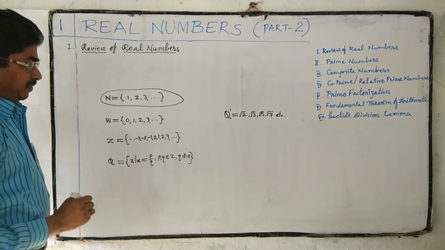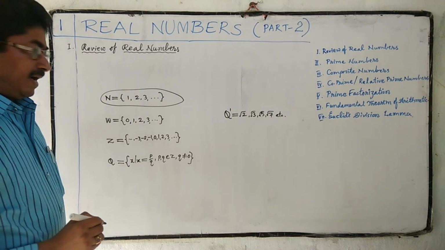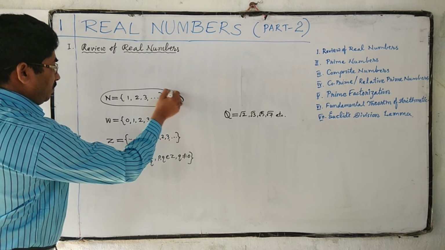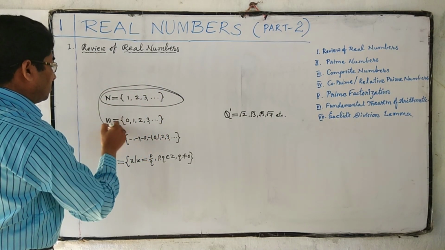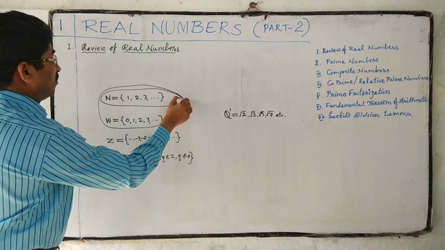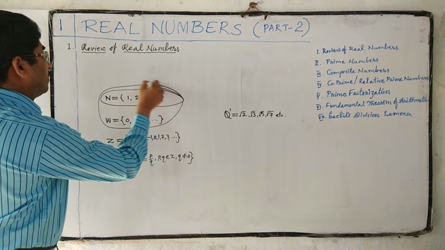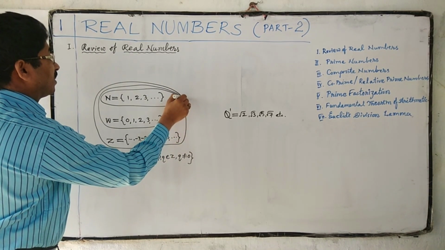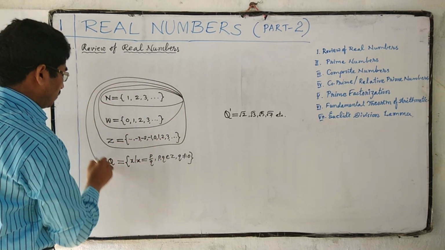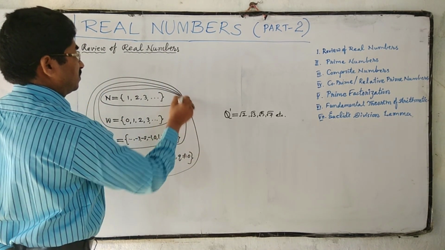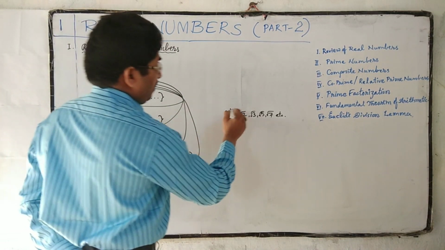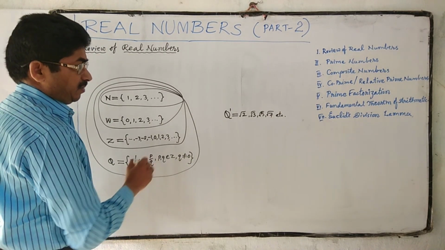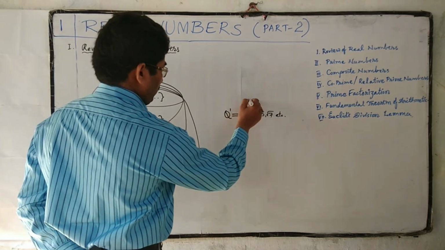We can show these in a Venn diagram. The natural numbers are in whole numbers. Whole numbers are in integers. Integers are in rational numbers. But irrational numbers are not in rational numbers, so these are separate.